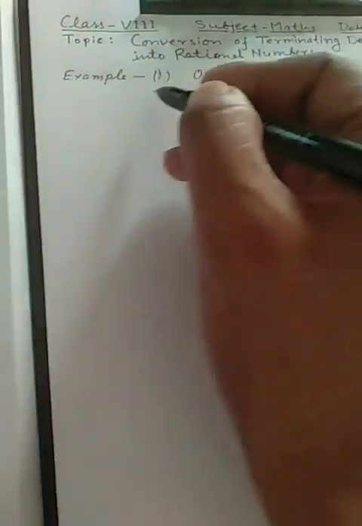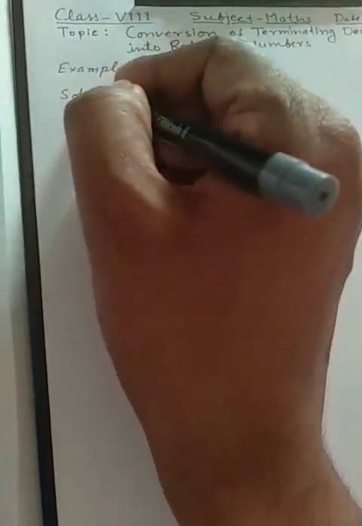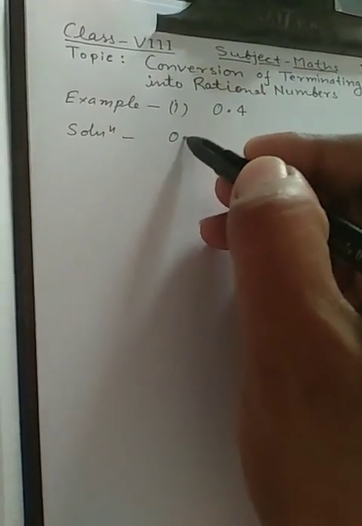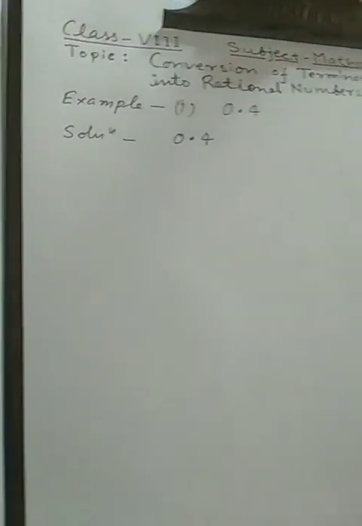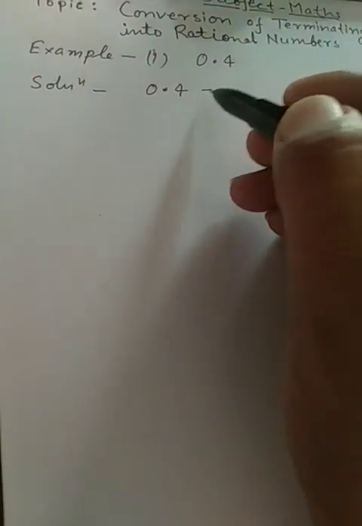This is a terminating decimal, it is up to 1 place. How do we change it? First I write the number itself as a solution, 0.4, and then I write it like this.